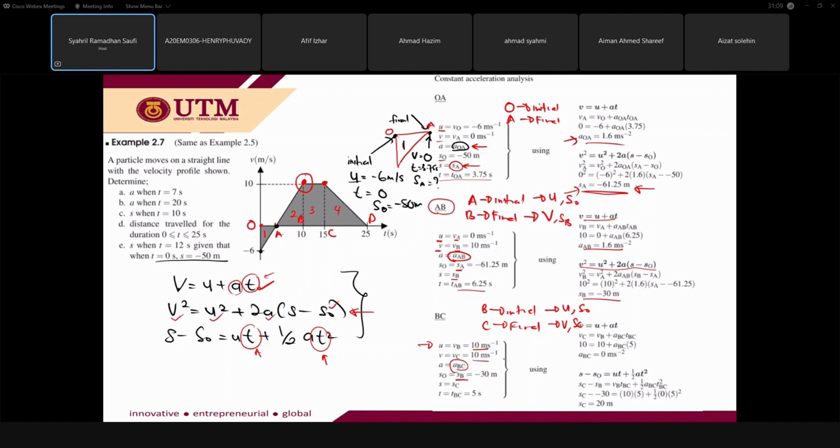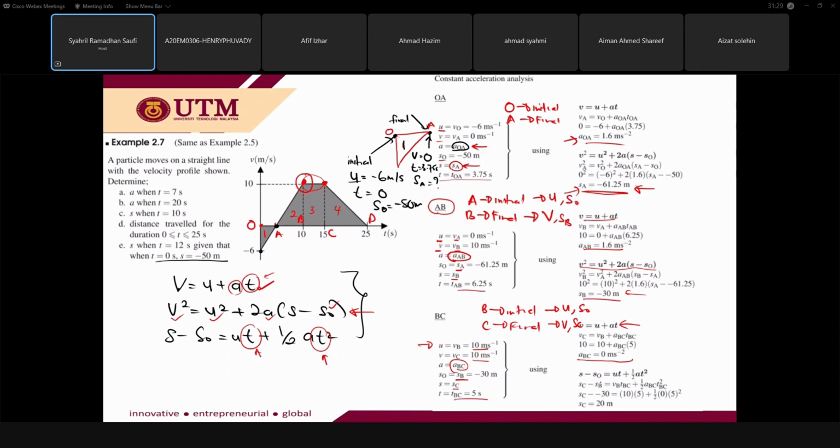SB you already calculated, and SC is unknown, and the time difference is 5 seconds, 15 minus 10. So you input into this equation, you will get acceleration 0, because you already know that constant velocity means acceleration 0.